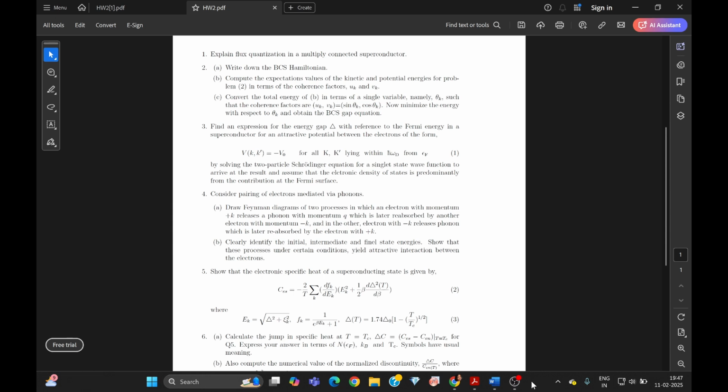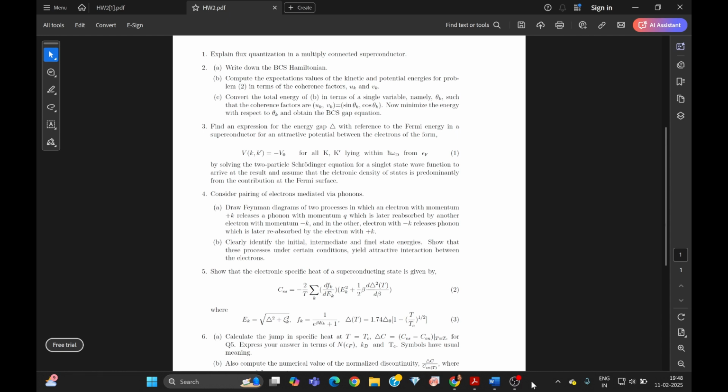Now the final energy, E_f, we can write to be 2 epsilon k prime, and it is the same for this one, where epsilon k is h square k square divided by 2m minus mu, right?